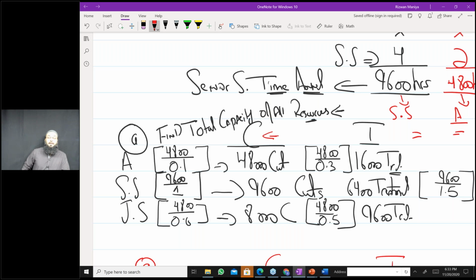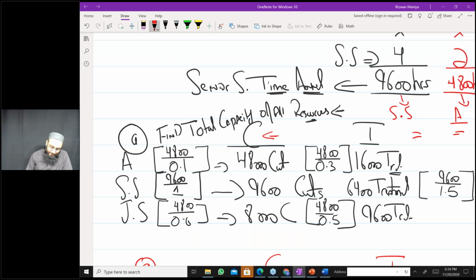How many cuts can the senior stylist perform? Come on, give me the answer. The answer is the senior stylist can perform 9,600 cuts. Now, out of that, how many people's hair drying could be done by the junior stylist? And that is 8,000. Now you decide in this process which labor is the slowest one.